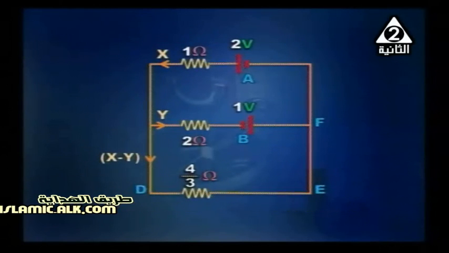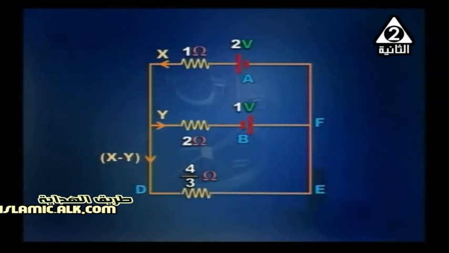In front of you, let the current that passes through the circuit of the 2 volt battery be x. And a portion of this current, equal to y, passes through the 2 ohm resistor. So the portion that passes through the 4/3 ohm resistor is x minus y.